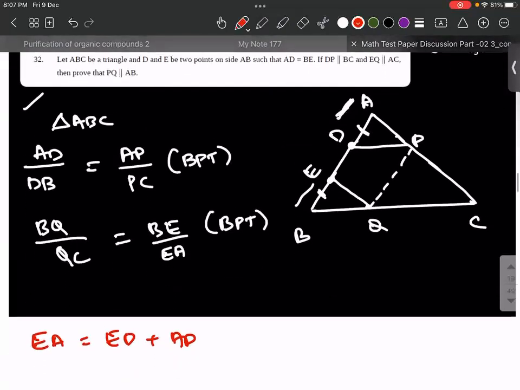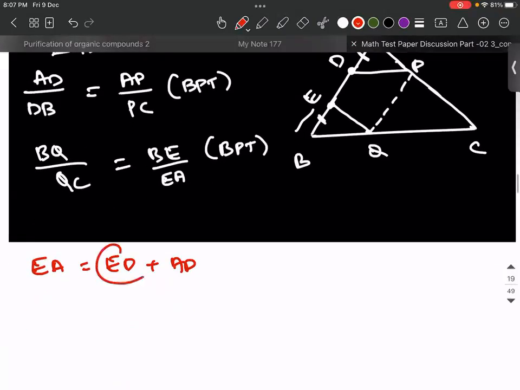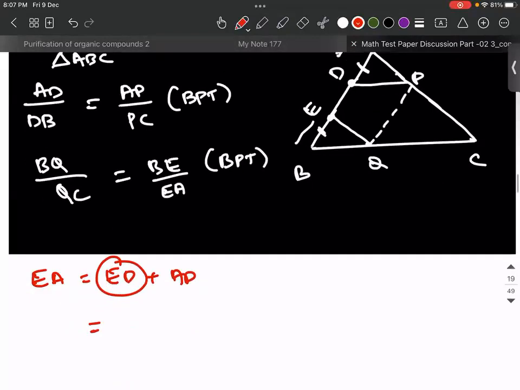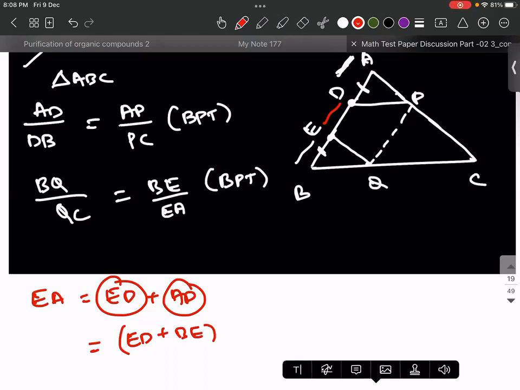Since they have given that BE is equal to AD, we can substitute for AD and make it ED plus BE, which gives us that EA is equal to BD.